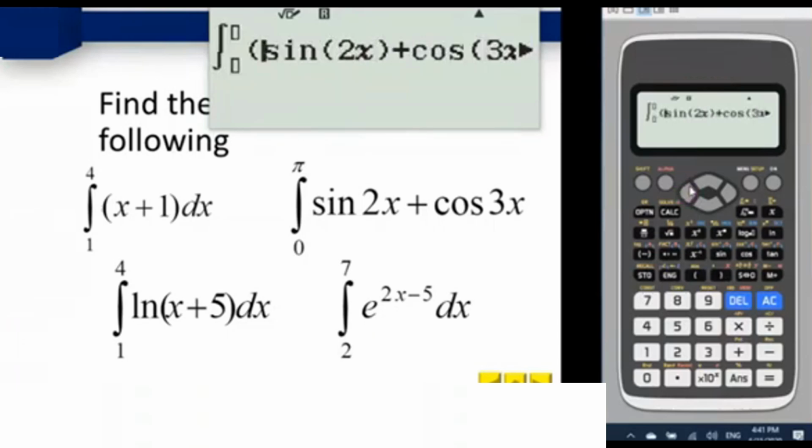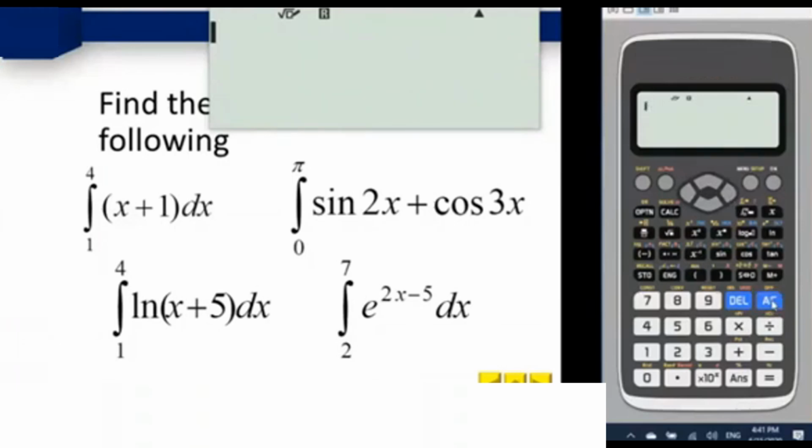Please remember, the number of brackets that you open up, you have to close the same number of brackets. I will scroll down, 0. I will scroll up, and that is pi. And I will press equals to. The answer is 0. So sine 2x plus cos 3x has an integral of 0 within the limits 0 and pi. I hope this is clear.